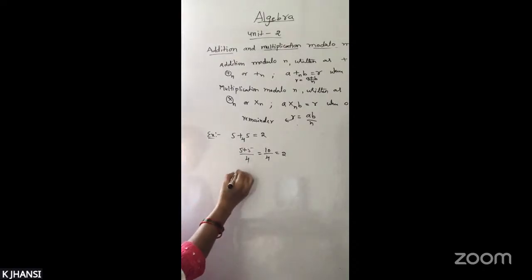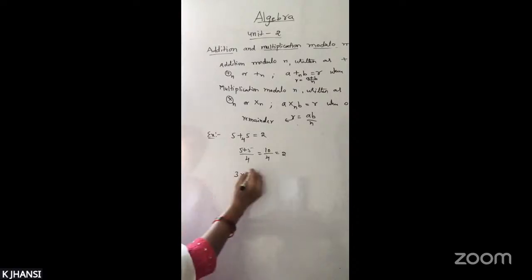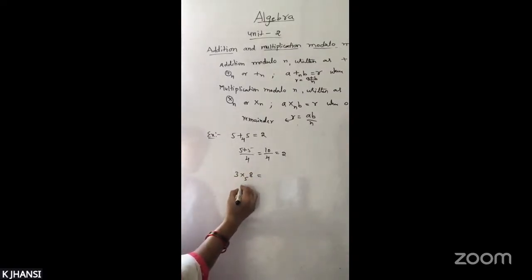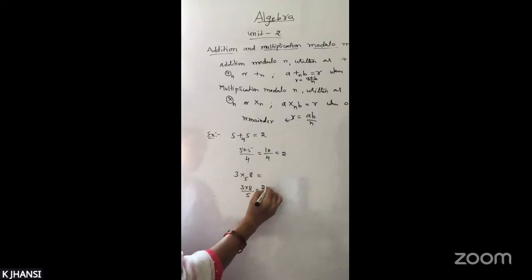That is 3 multiplication modulo 5, 8. 3 eights are what we will get? 24. Whatever the resultant you are getting, that you have to write. So 3 into 8 by 5. 3 eights are 24 by 5.